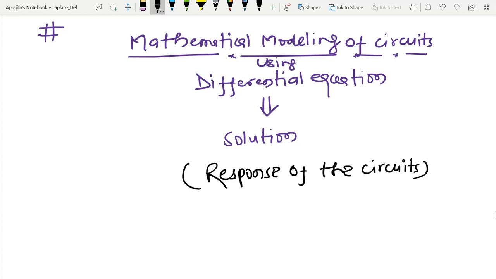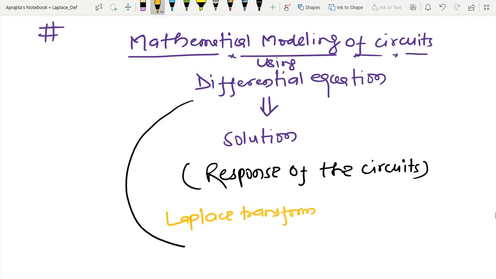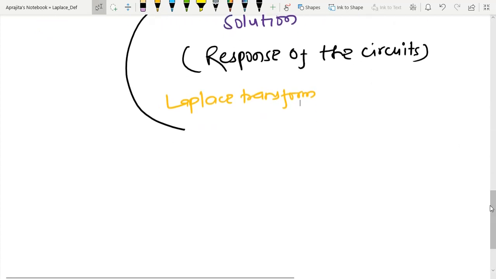and if I apply here, in case of differential equation, if I apply the Laplace transform, I will come to this transform in the later part of today's lecture.